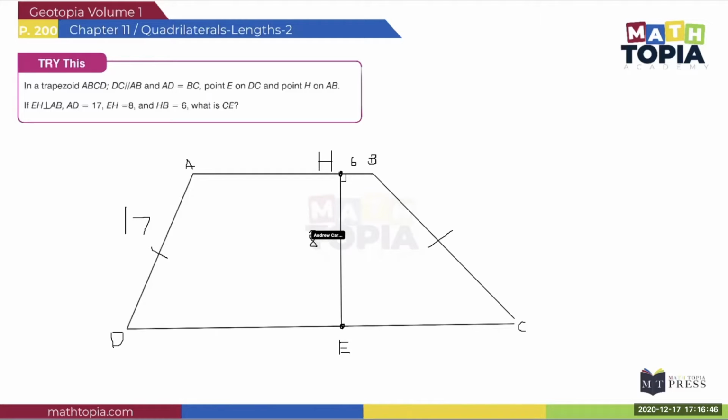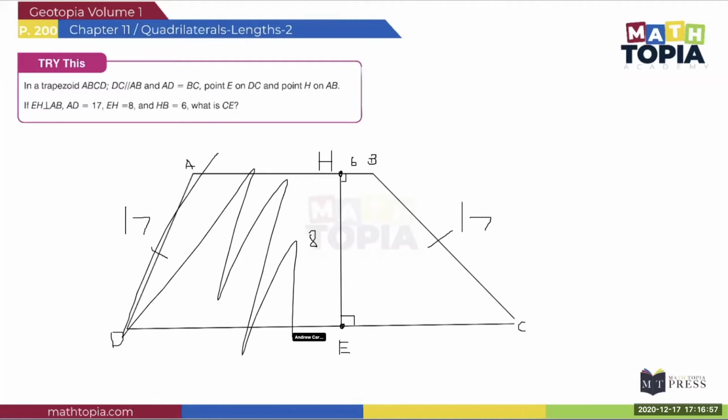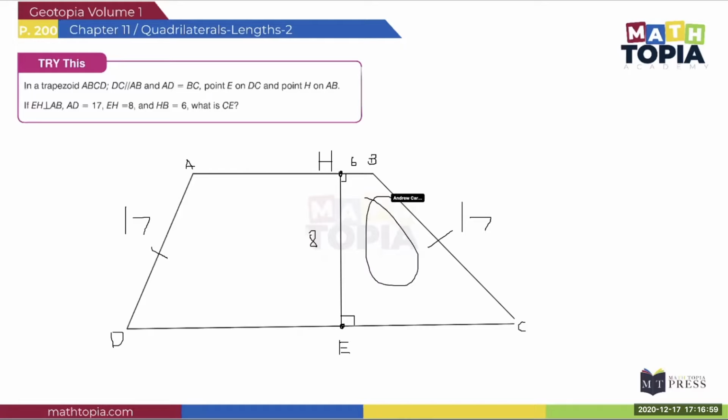So when I see this problem, I see that since AD is 17, BC is 17, and we can now ignore this left half of the trapezoid and just focus on this right trapezoid right here.